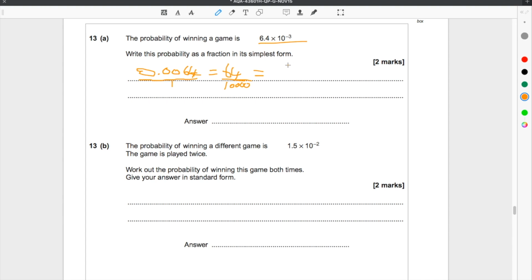Convert to a fraction, or simplify this down, and we get 4 out of 625, which is the same as simply dividing the top and bottom of this fraction by 16, because 16 goes into both of them. Okay, so the answer is 4 out of 625.